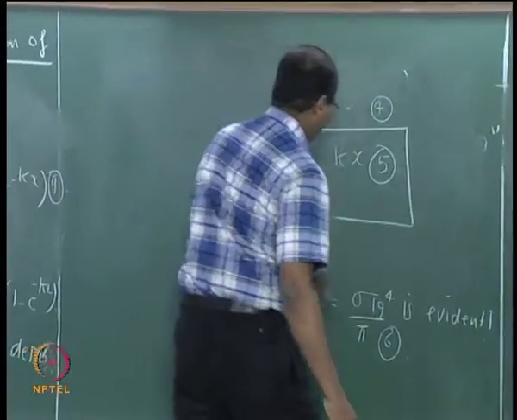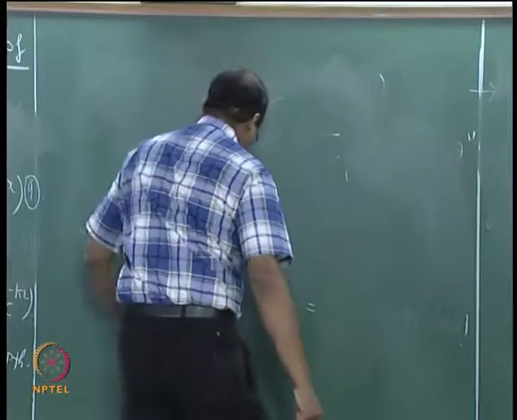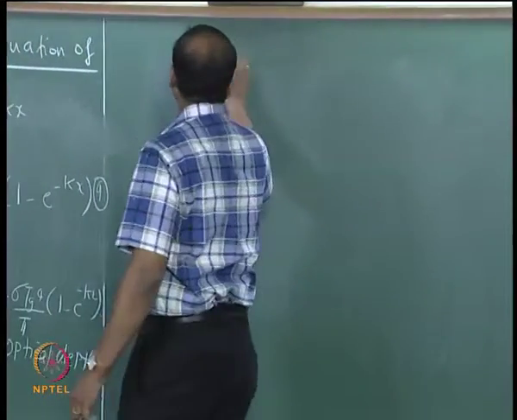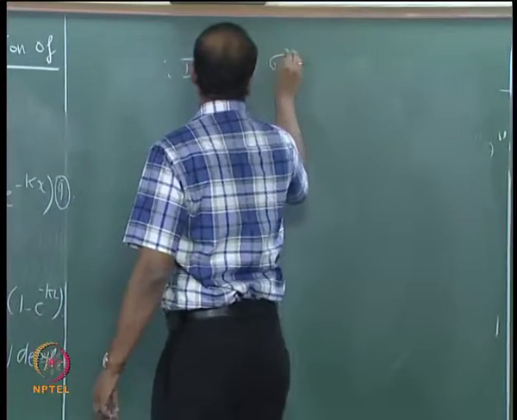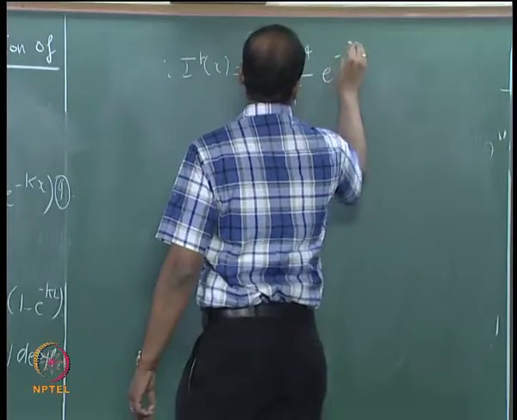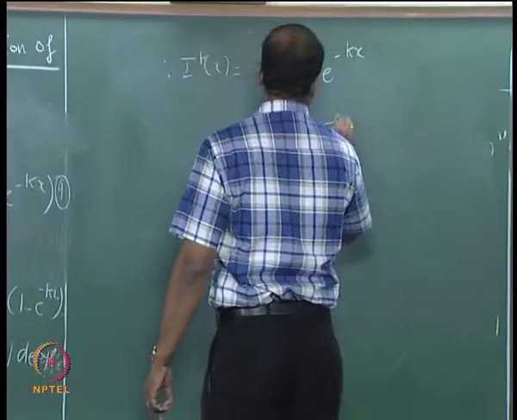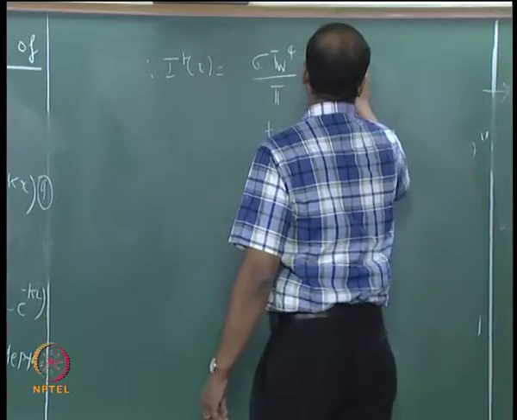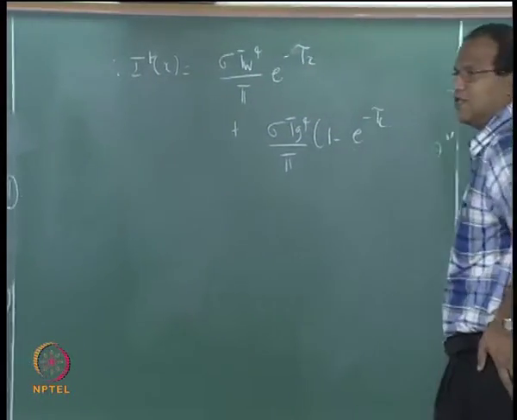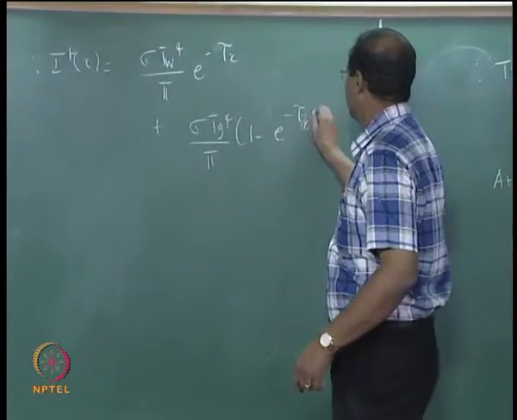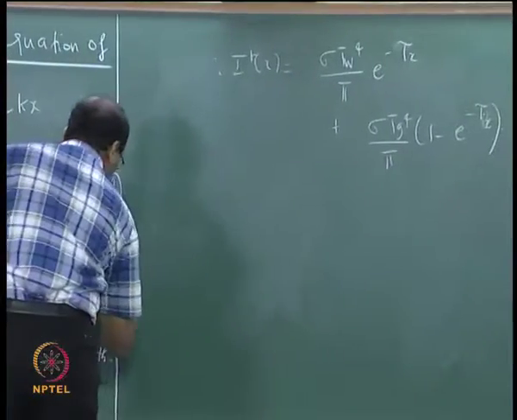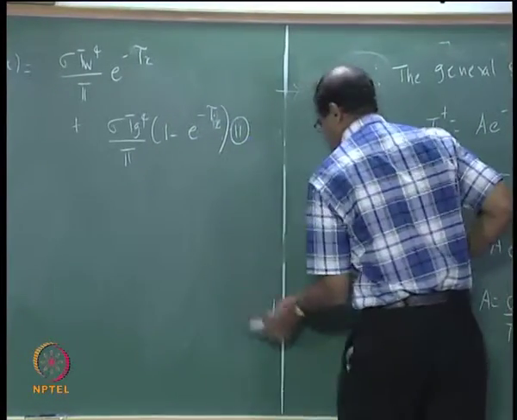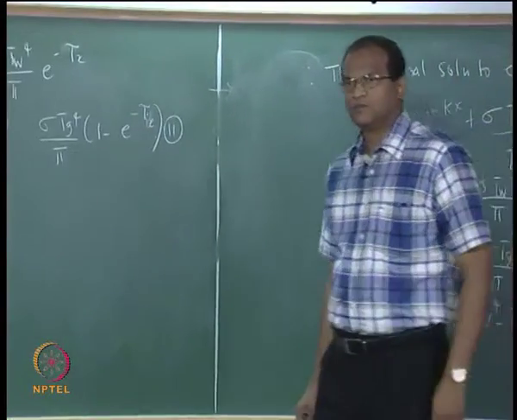Now so therefore in general it is tau subscript L, so this is tau x, okay.